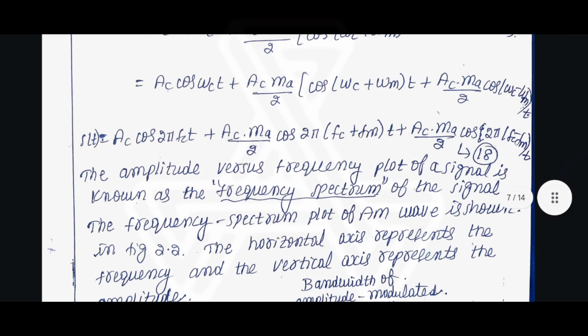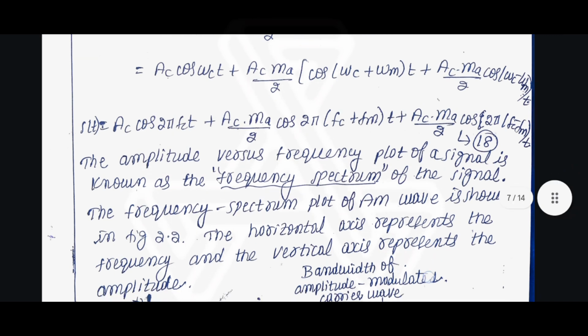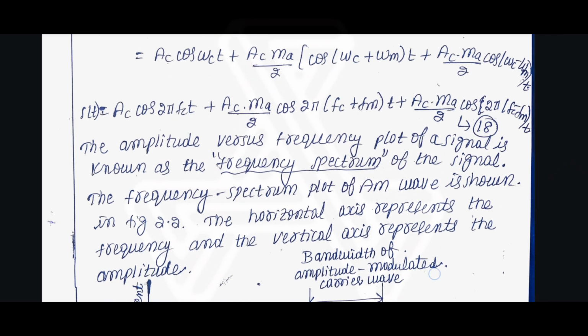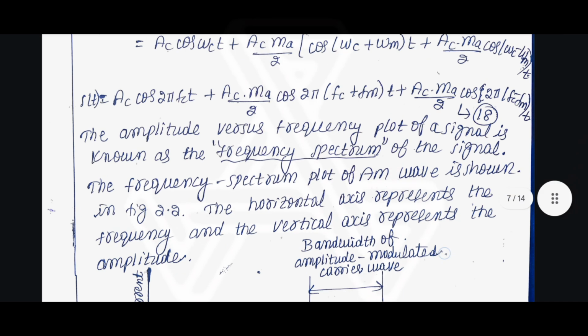That is Ac cos 2 pi fc t plus Ac Ma by 2 cos 2 pi (fc plus fm) t plus Ac Ma by 2 cos 2 pi (fc minus fm) t.